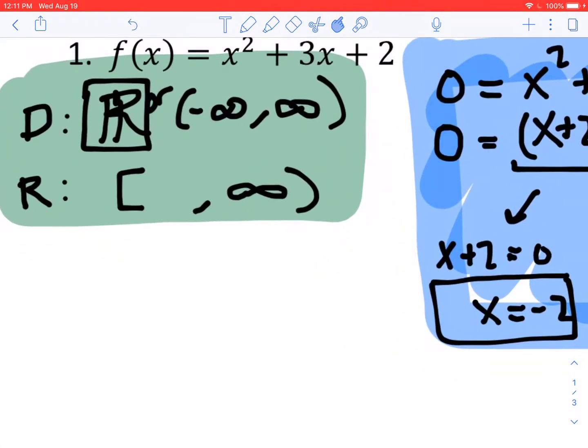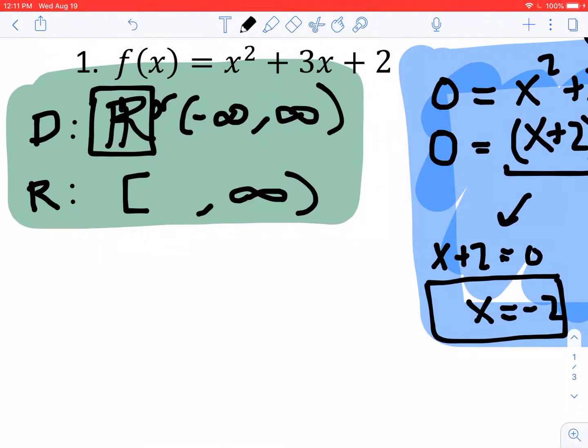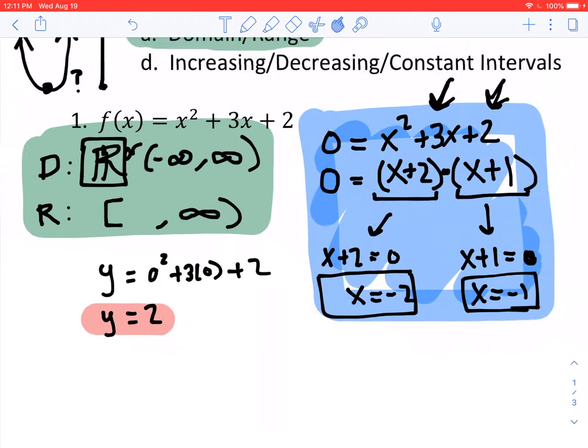Let's look at our original function there and plug in a 0 for every x and see what we would get. Y, or f of x, equals 0 squared plus 3 times 0 plus 2. Hopefully it wouldn't take you very long to realize that when x is 0, y is 2. When x is 0, y is 2.